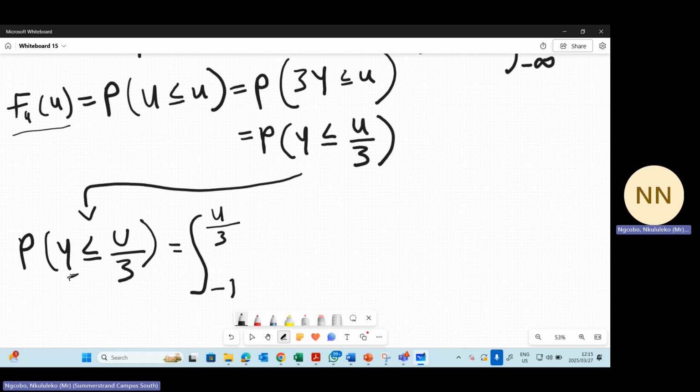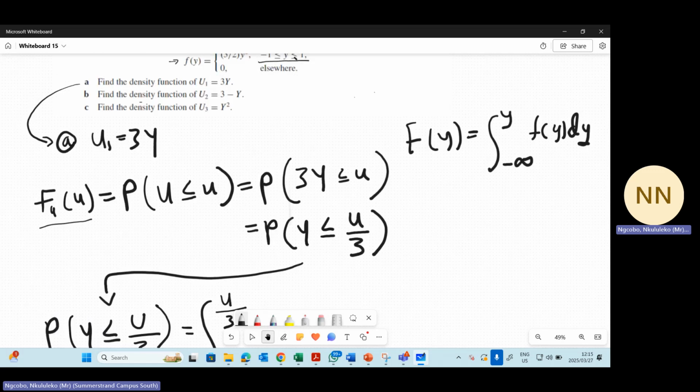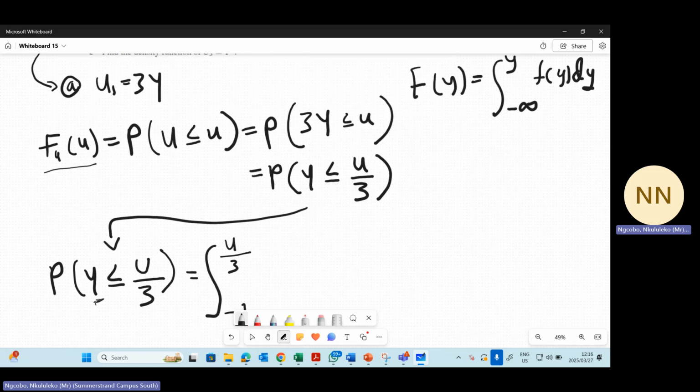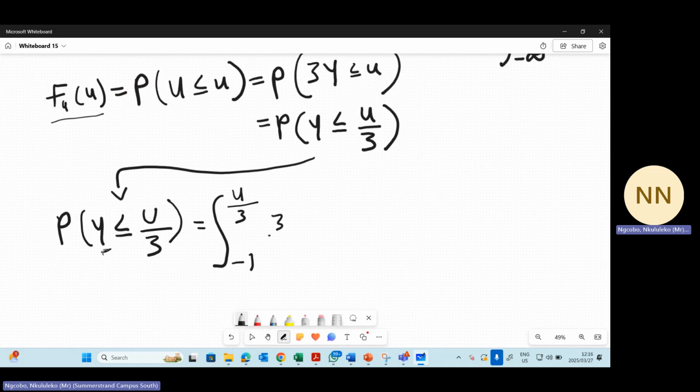Then the density function given to you is 3 over 2 y squared, and you want to find the integration of this with respect to y.